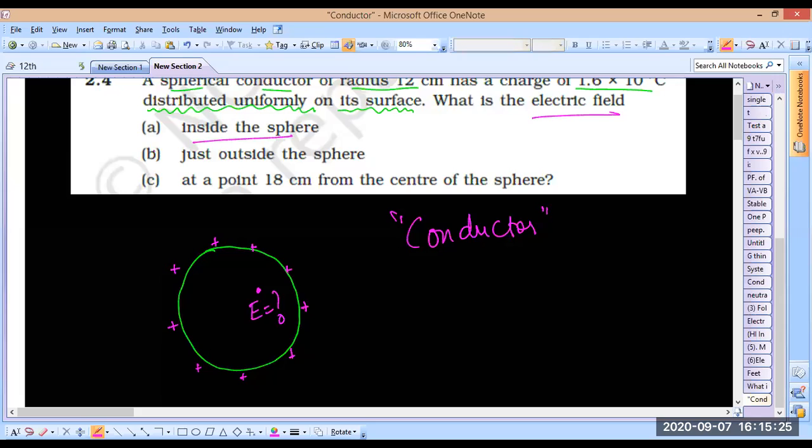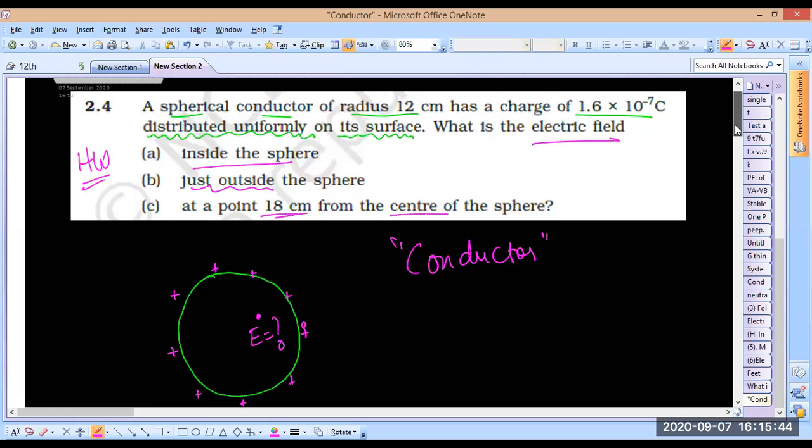Okay, so I think I should leave it for you as homework. This is just outside. Just outside means very close to this surface, right? And at 18 centimeter from center. All right, so all this is homework, but because we are doing it, we will change this a little bit. All right, let's see how.